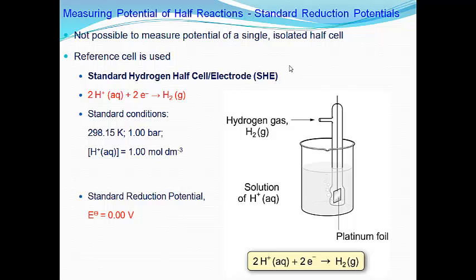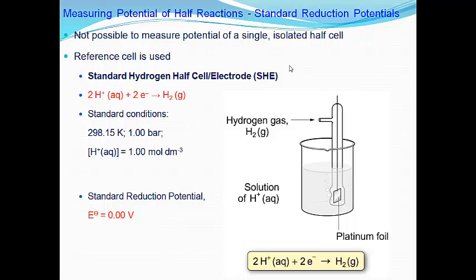Now, we've shown reactions of oxidation reduction, and we've indicated that these oxidation reduction reactions are measured through the electromotive force, the voltage. The question is, how are we able to do that for a redox reaction?